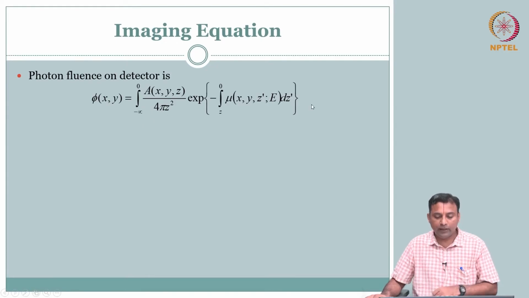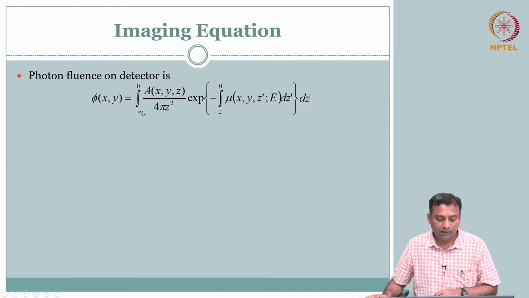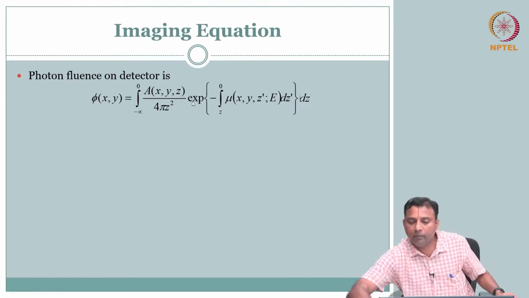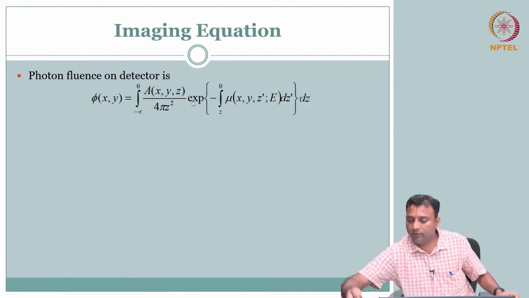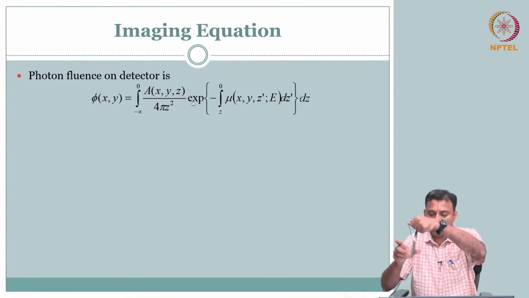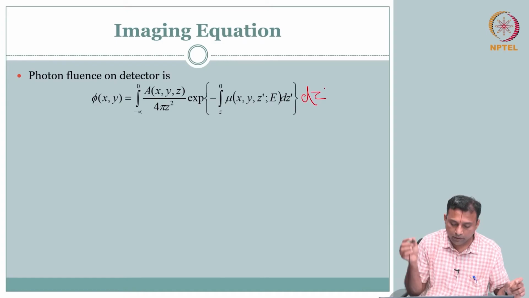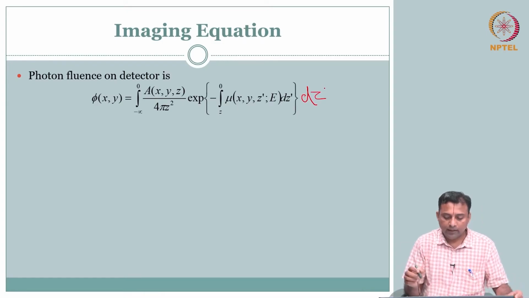Of course there should be a dz here, because this is going over minus infinity to 0, of A(x, y, z). So there should be a dz. I will update the slide.